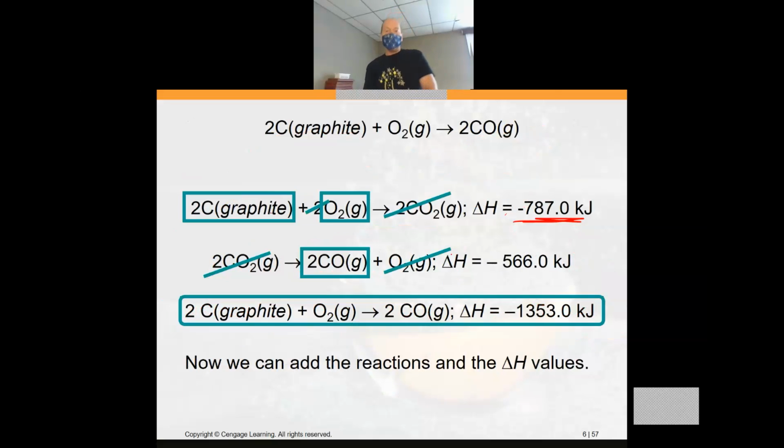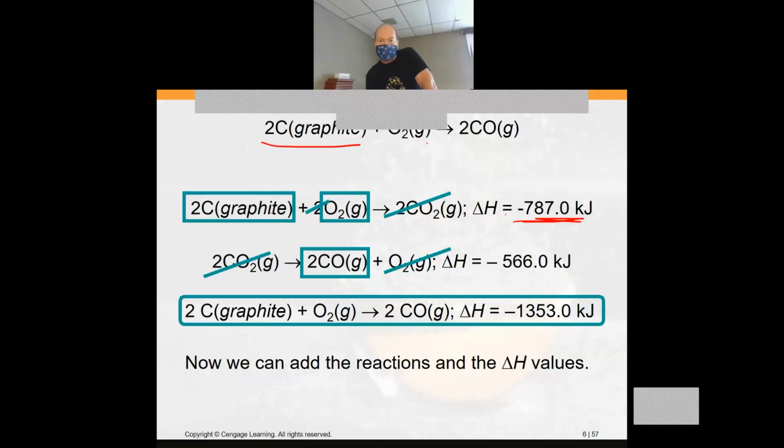So the key is, here is your reaction that you want. You have to manipulate these two reactions in order to add them up to get this overall reaction. The way they gave it, you just have to multiply the first one through by 2, then you multiply that delta H by 2.